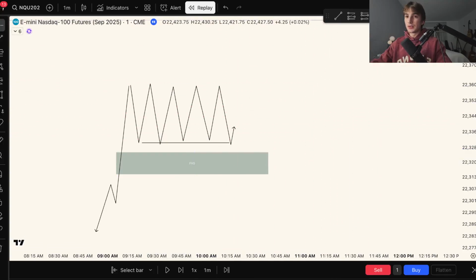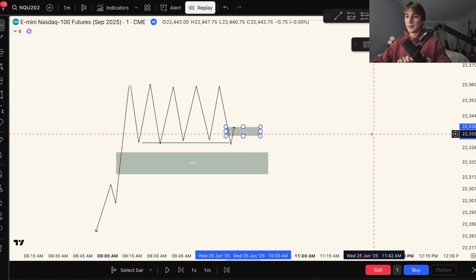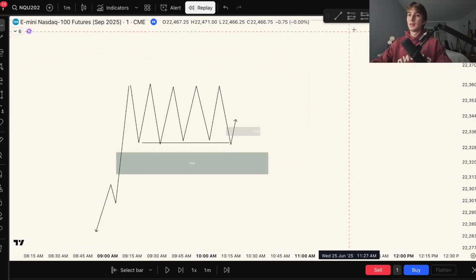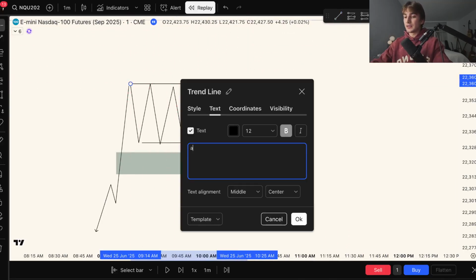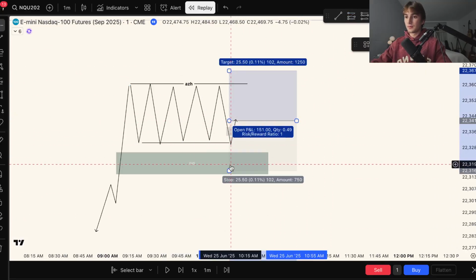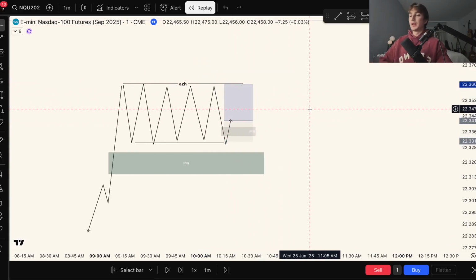But we sweep these lows and we get an inversion right here. Are we taking this, targeting these accumulation zone highs? Answer is no. We're not going to take this.